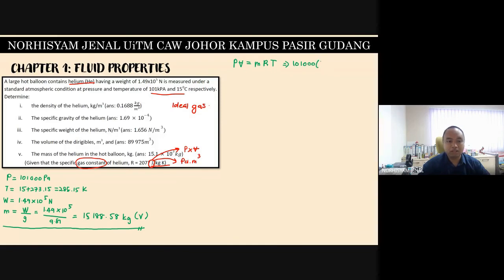V is unknown, equals to mass 15,188 multiplied by R, 2077, multiplied by the temperature, which is 288.15. So volume is here. These are the numbers. You should get the answer from there.